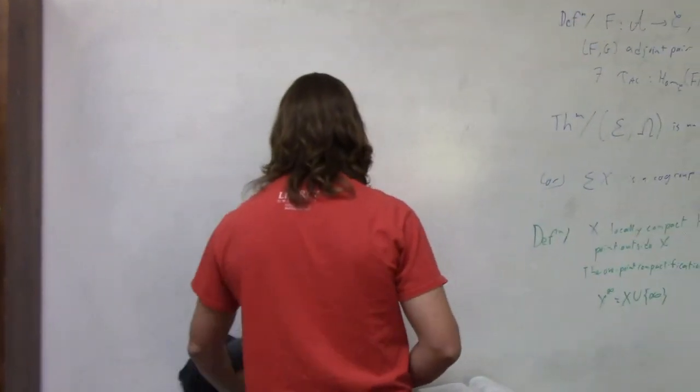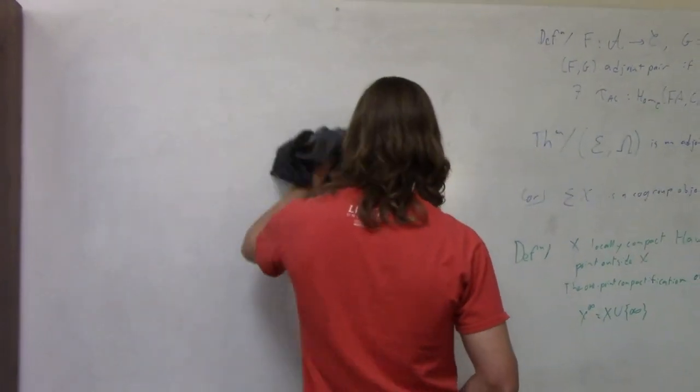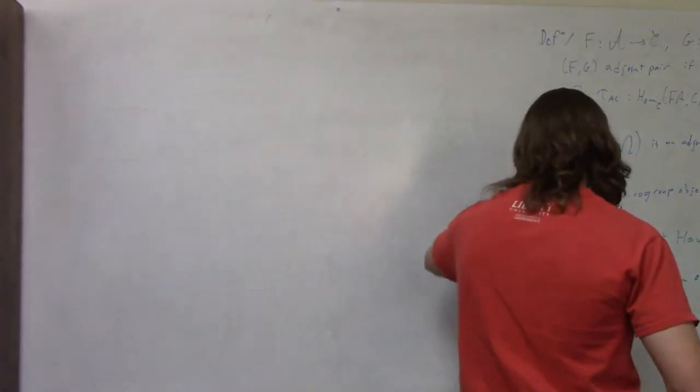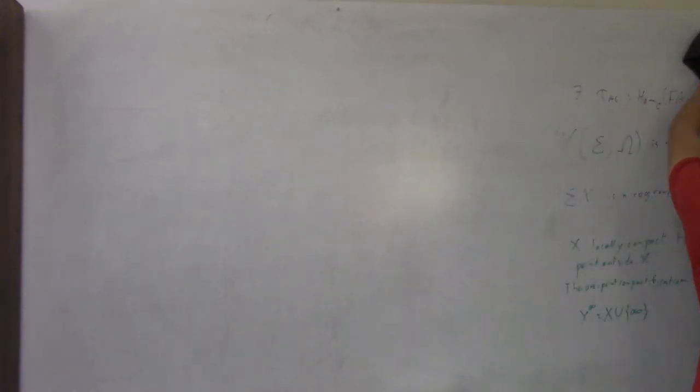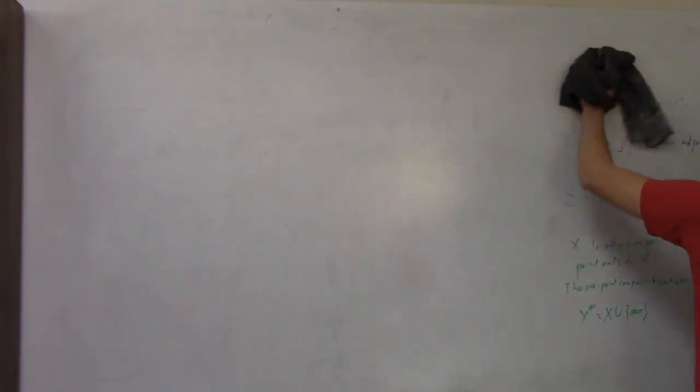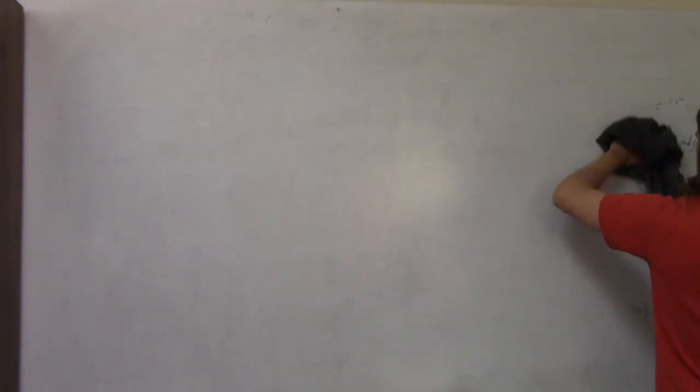So suspending Sn is the same as smashing a circle onto it.